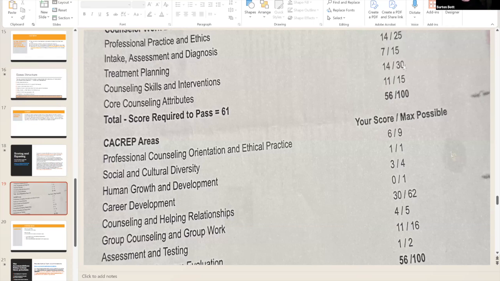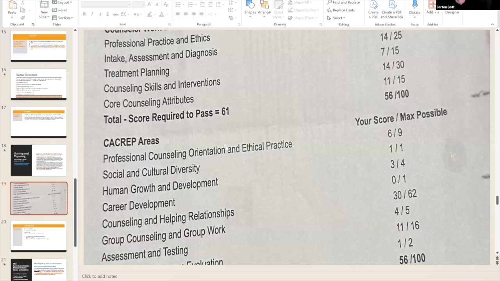Counseling skills and interventions, 30, which is 30% of the test. And then core counseling attributes, 15. You add up those numbers, you come up with 100 scored items. On this particular exam, the score required to pass was 61. The score for this individual, regrettably, was below that. So, in fact, they didn't pass this test.